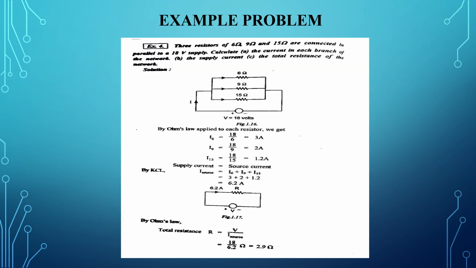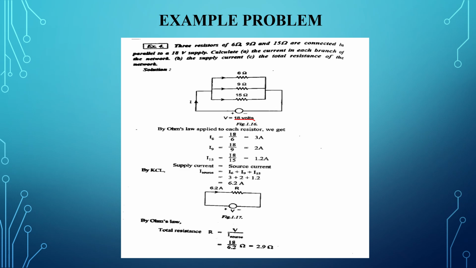Next we will see one example problem related to Ohm's law. Consider the circuit having three resistances, 6 ohm, 9 ohm and 15 ohm, with a voltage of 18 volts. By Ohm's law, I is equal to V by R, where V is 18 volts here. For each and every resistance we have to calculate the current across it.